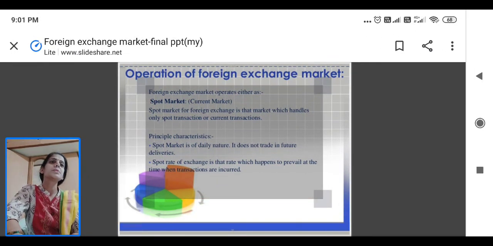Let us see the principles or characteristics. The spot market is of a daily nature. It does not trade in future deliveries. It happens only with the current marketability, the current price. On today's rate, whatever has happened will be paid tomorrow or the day after tomorrow.